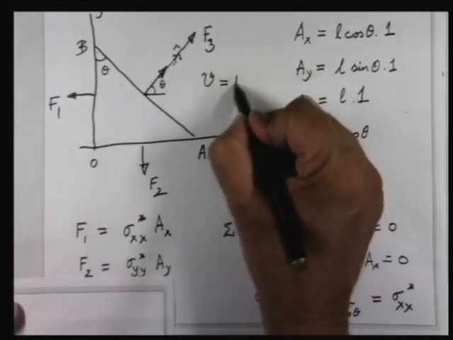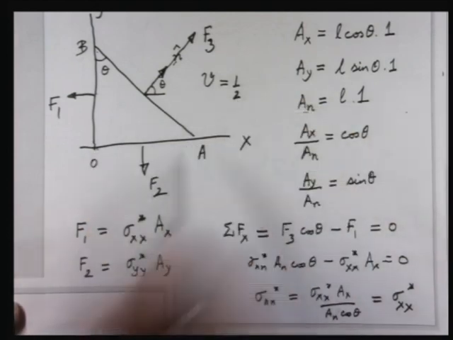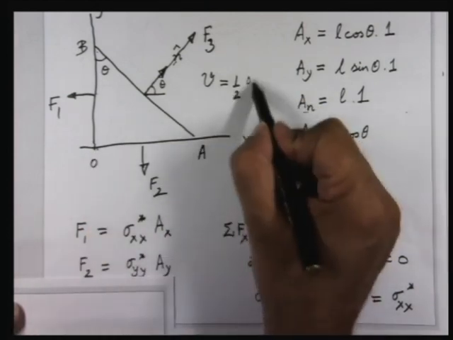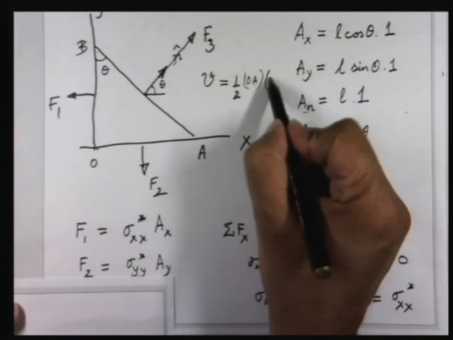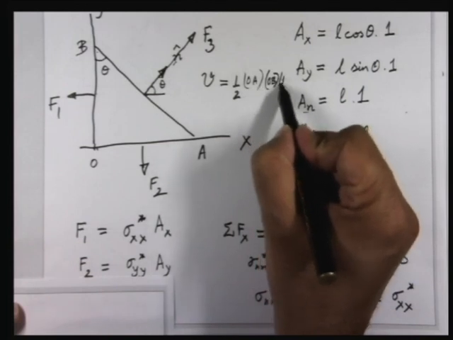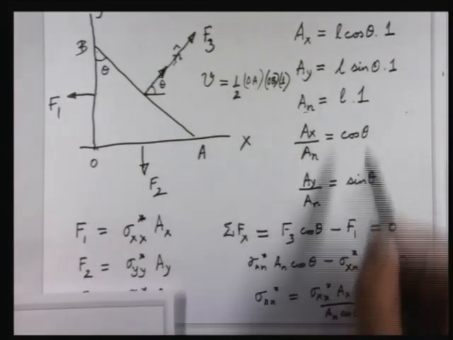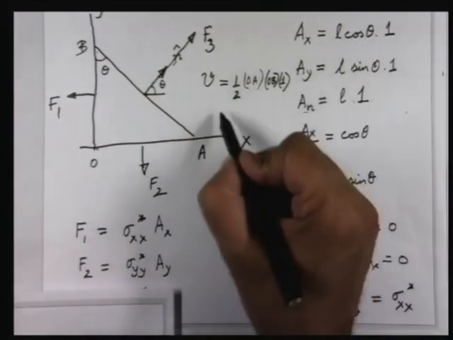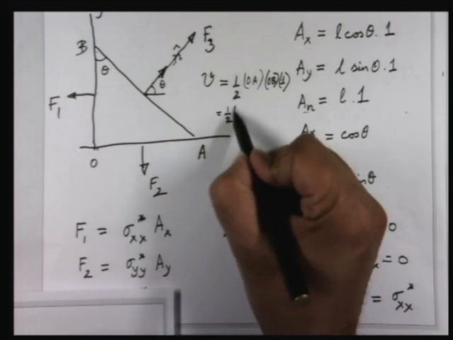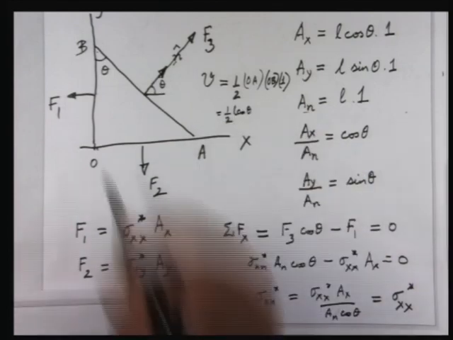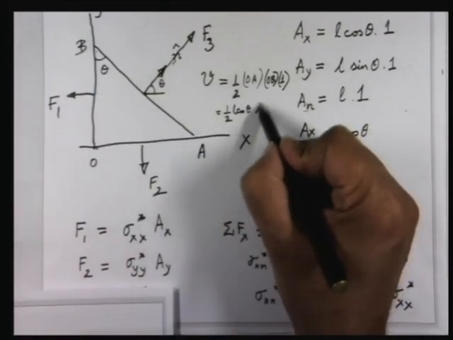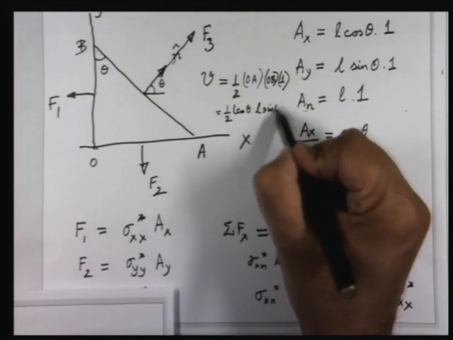It is going to be half into OA into OB into 1. Okay. Now OA is L cos theta. So this is half L cos theta, and OB is going to be L sin theta. So this is L sin theta into 1.